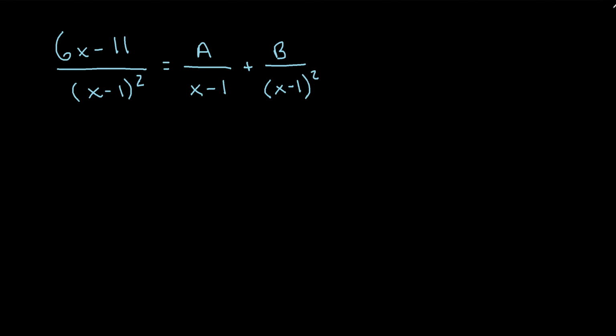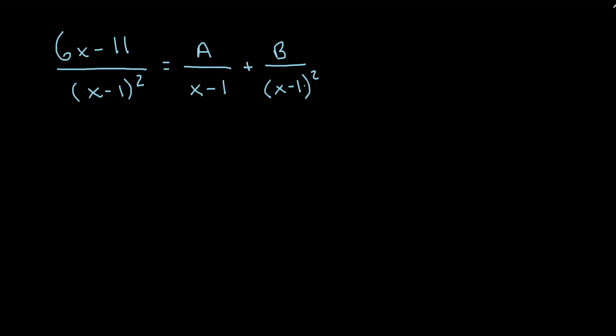Now, if this was raised to the power of 3, then we would also have another term raised to the power of 3. The number of fractions corresponds to the power that this is raised to. So we have a over x minus 1 plus b over x minus 1 squared.